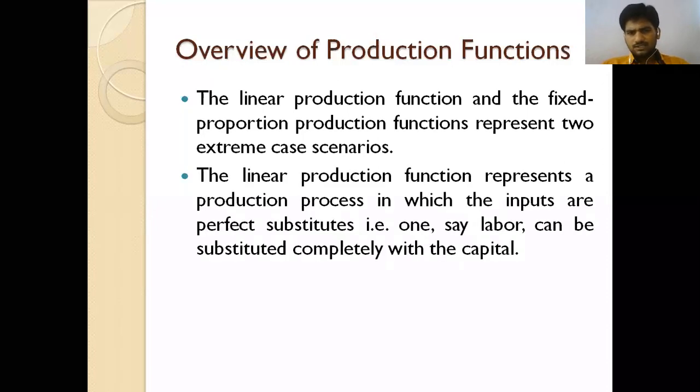So what is the overview of the linear production function? The linear production function represents a production process in which the inputs are perfect substitutes. That is, labor can substitute completely for capital.